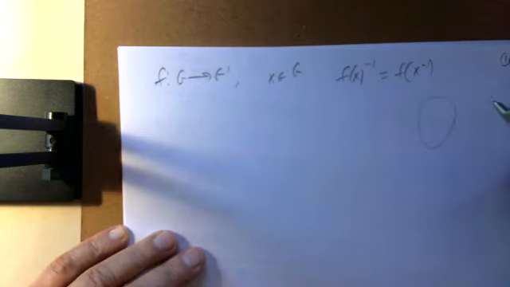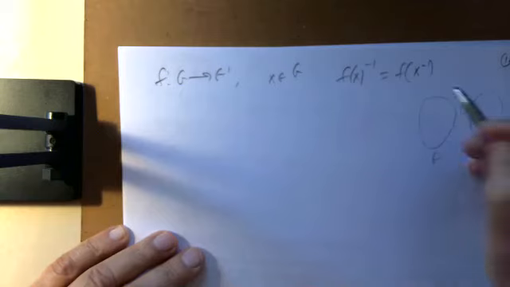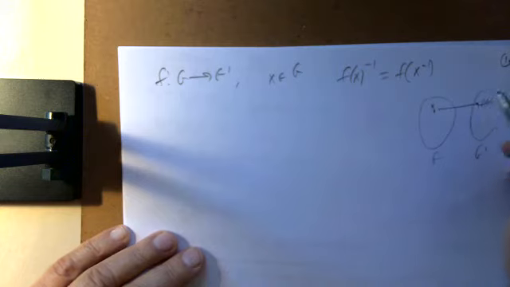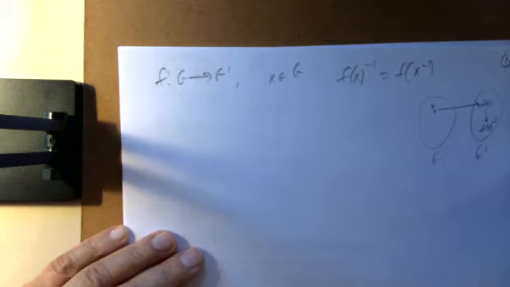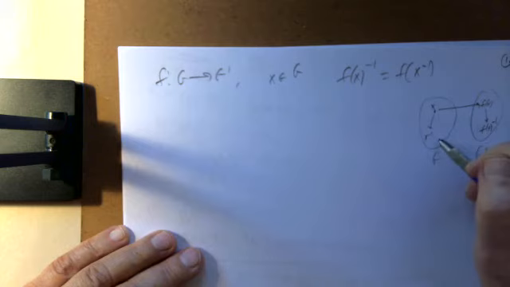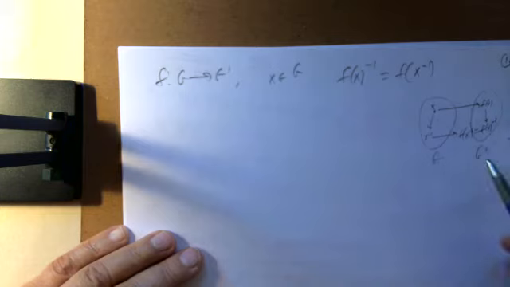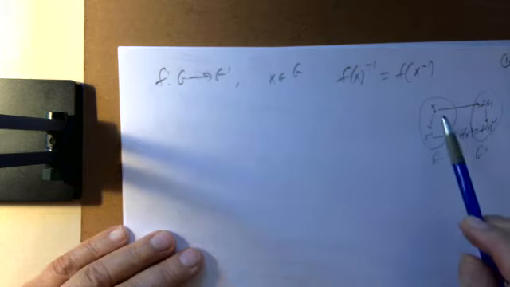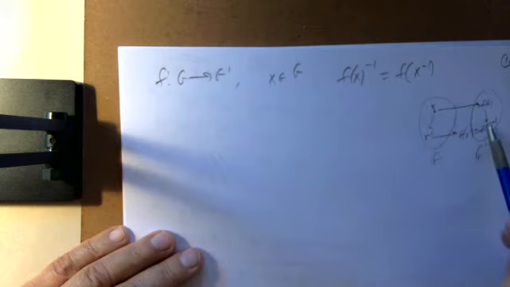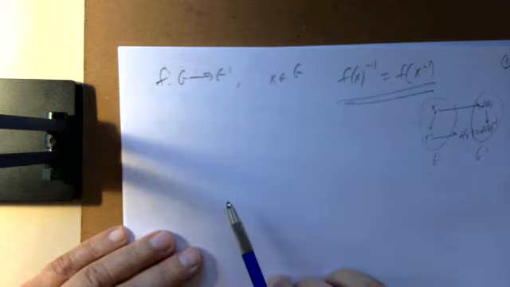Over in G and G prime, I have x, it goes to f of x, and that goes to f of x inverse over in here. On the other hand, x in G, we have x inverse, and then we can take f of x inverse. And we're told we get the same element. So you get from here to here either by going across and down or down and across. That's just a picture of what this statement means.